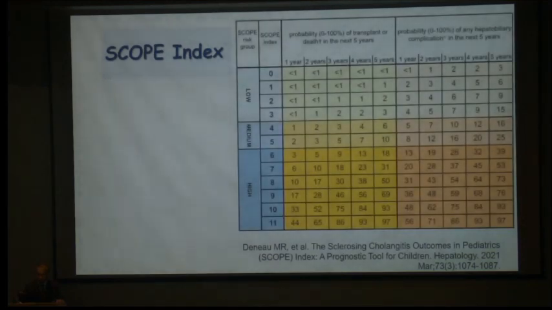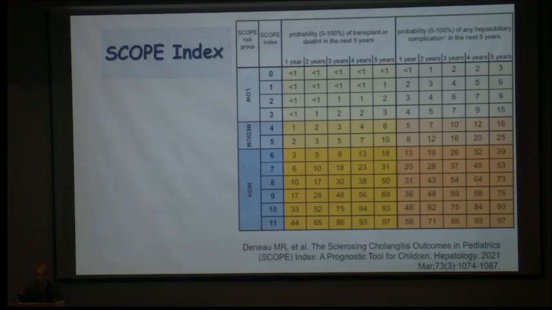The values were added to give a SCOPE index from 0 to 11, and the risk categories were given as low, medium, or high, and on the basis of these risk categories, the probability of development of transplant or death in the next 5 years, or development of hepatobiliary complications in the next 5 years, has been made as per this chart.